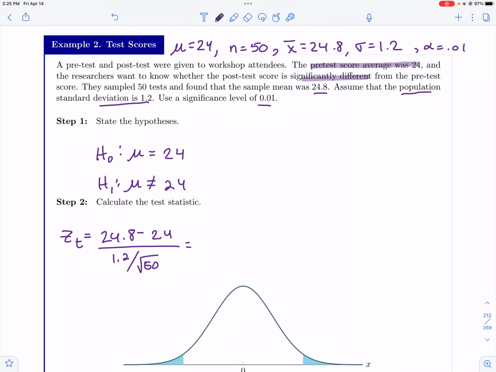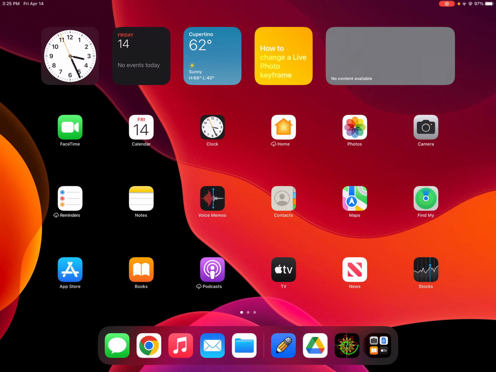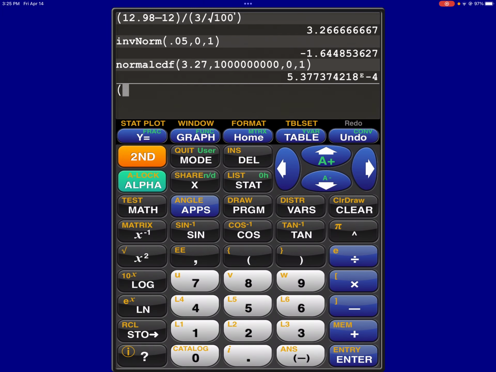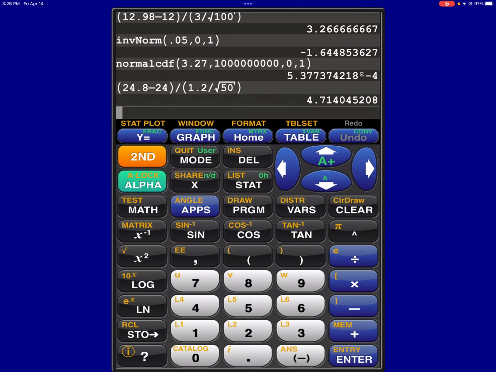So if we throw this in the calculator real quick, 24.8 minus 24 divided by 1.2 divided by the square root of 50. And it looks like we're going to get a Z test statistic of 4.71.